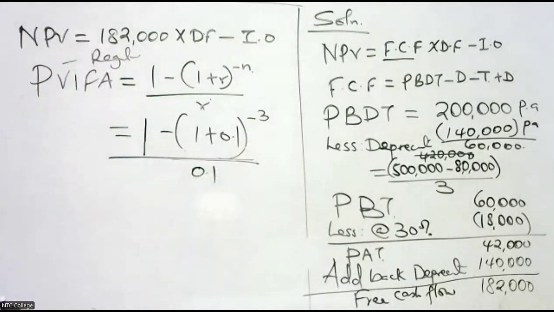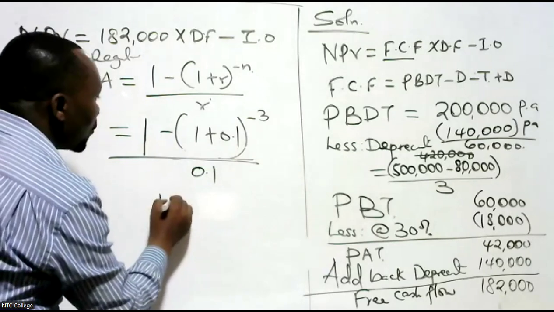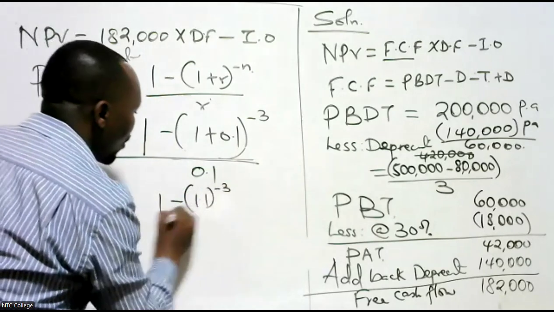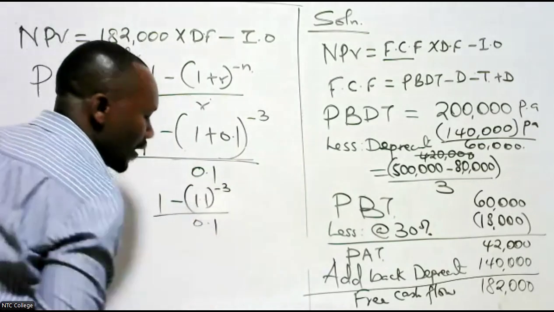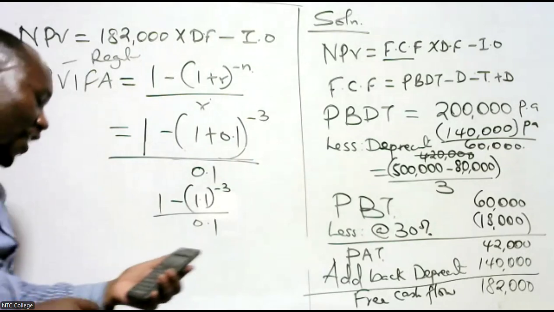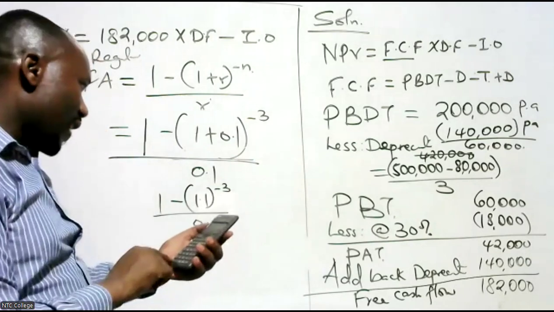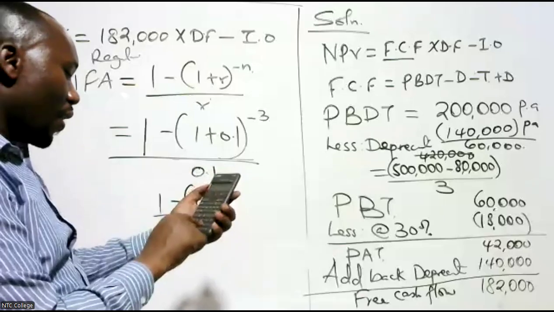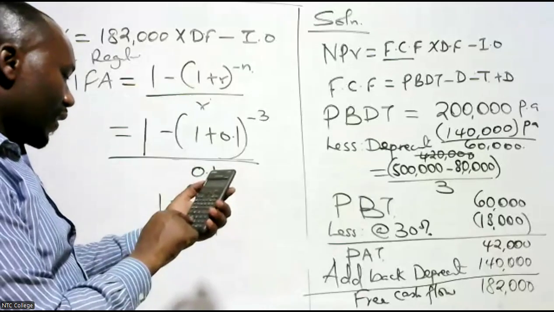0.1. Okay, those who have a calculator will tell you that this one is quite similar to 1 minus 1.1 to the power of -3, all over 0.1. And if that is the case, then I also need to take my calculator so that I can confirm what this can be. So it's 1.1, then you raise to power negative 3.